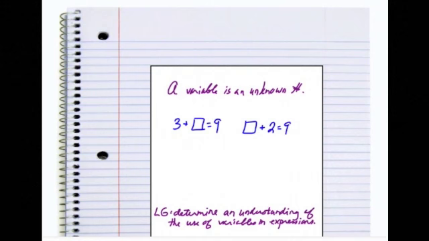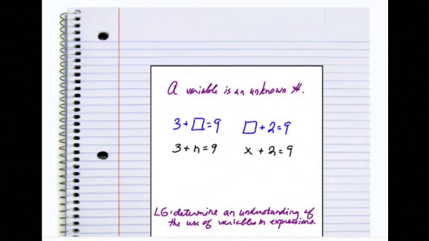Well, now that we're in middle school math, those boxes are going to be replaced by a variable. So we'll say 3 plus n equals 9, and then x plus 2 equals 9.